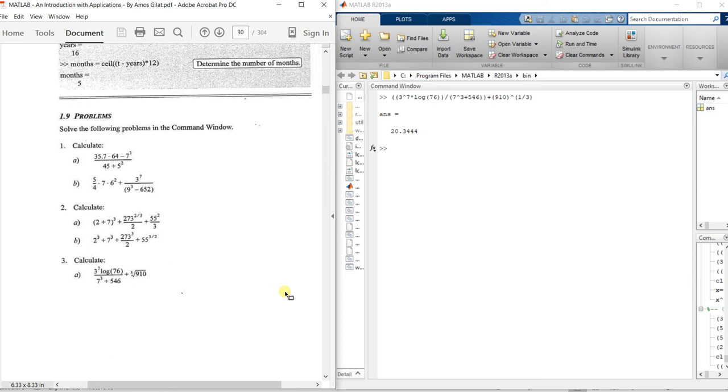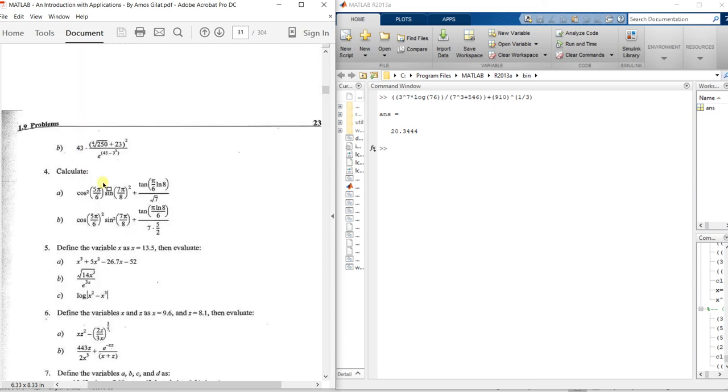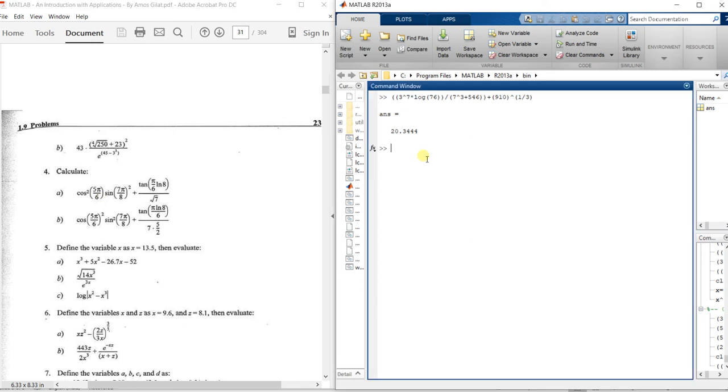The second problem is 43.4th root of 250 plus 25. Like that we are going to solve. Similarly we use cos square 56.5. For trigonometric functions, we know cos and tan. Now we are going to type this one. The next one is defining a variable for this argument.